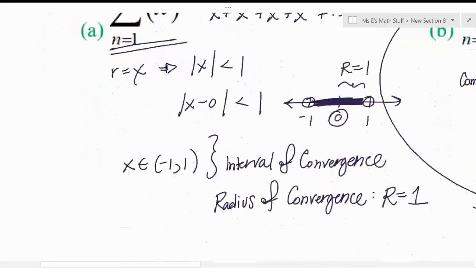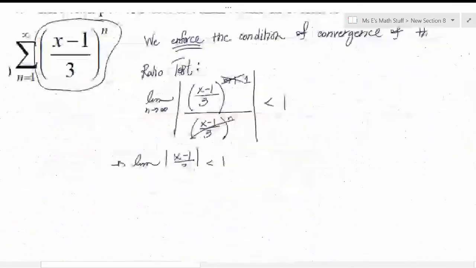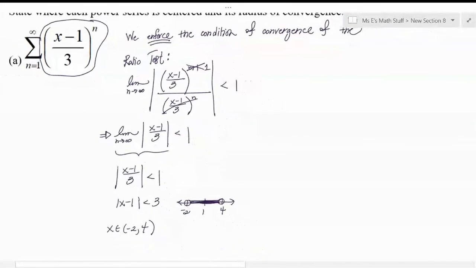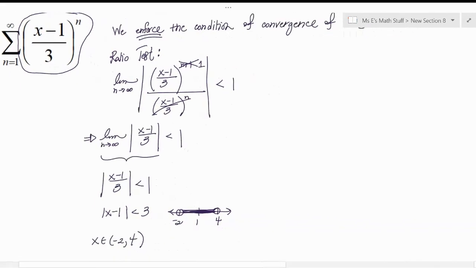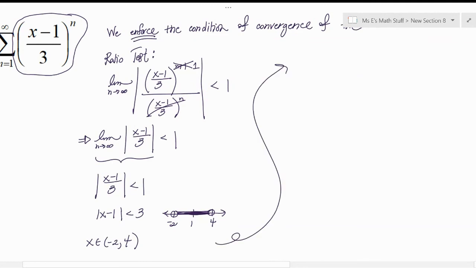So let's say, for the example that we're on, we don't realize that it's geometric. These are the x values that would make this expression be less than 1. But there's this added step called checking endpoints. And follow me here.